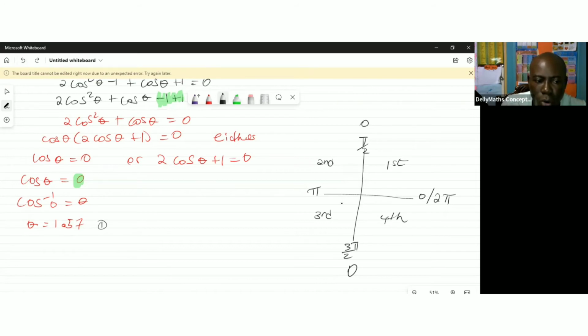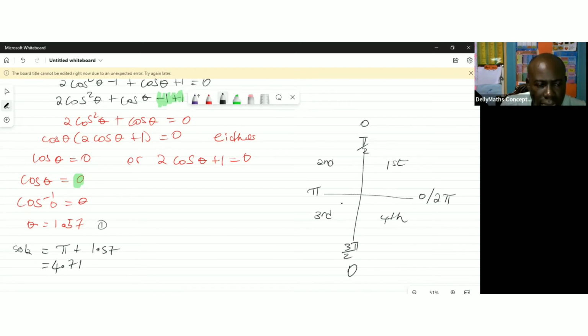Our second response, solution 2, is going to equal pi plus 1.57, so the second response is 4.71.